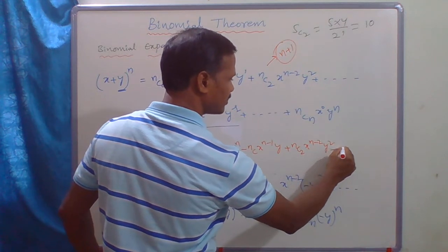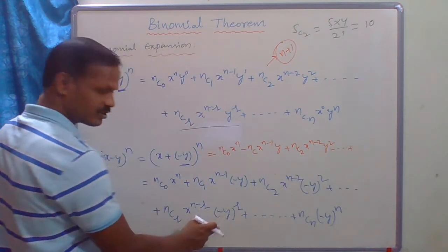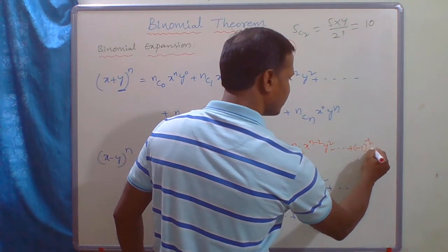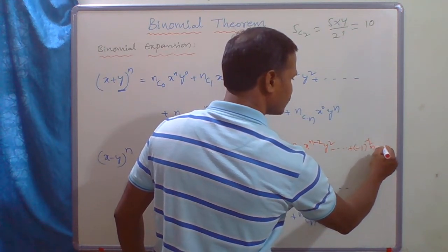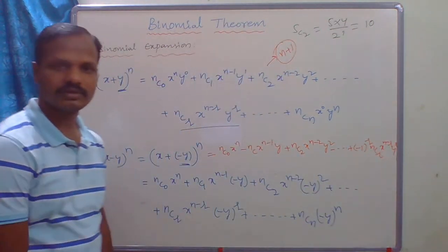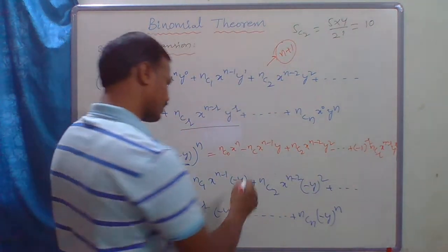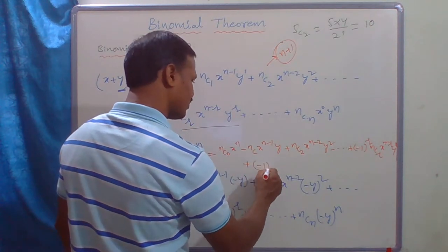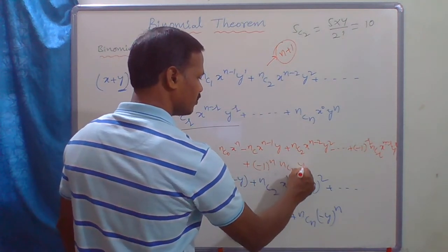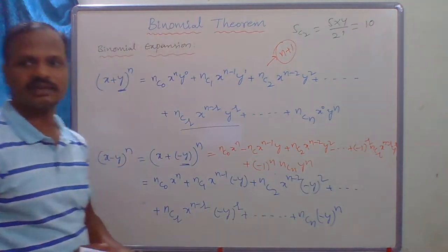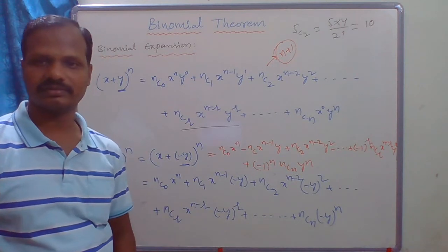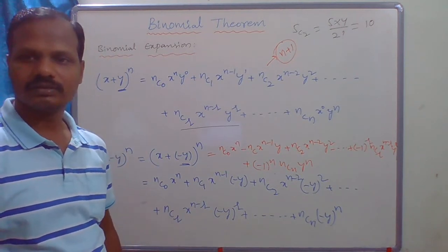Minus the general term, which is minus 1 power r ncr x to the power n minus r y power r, and finally plus minus 1 power n ncn y power n.